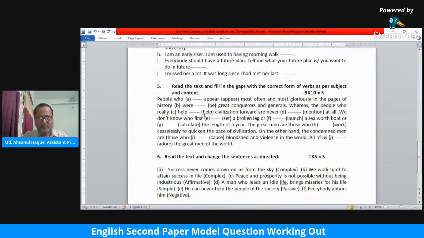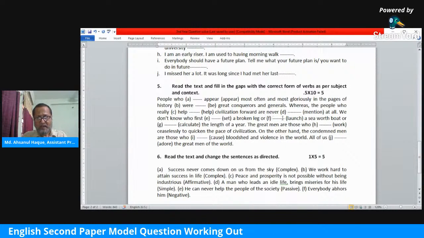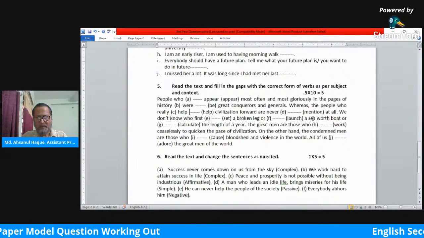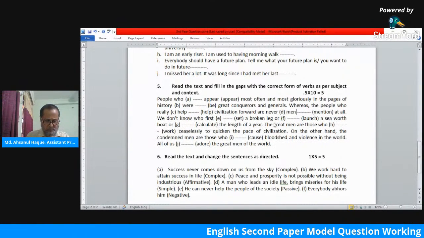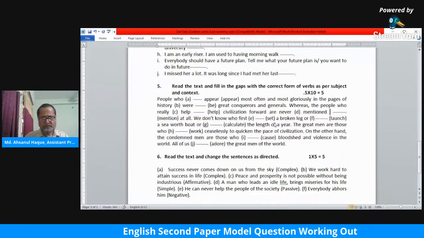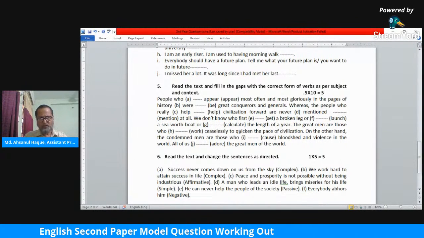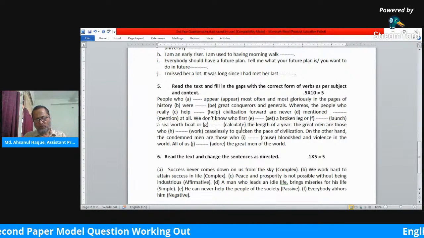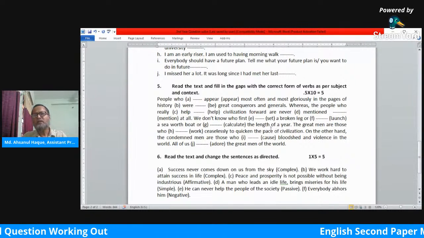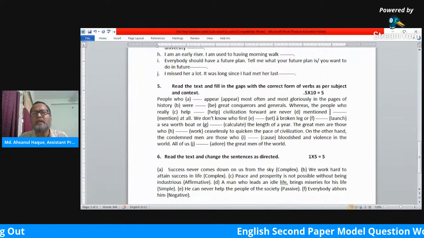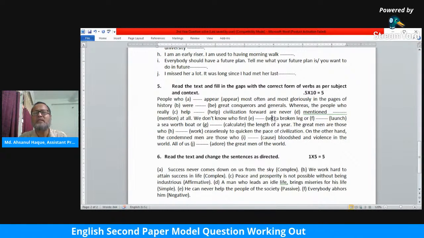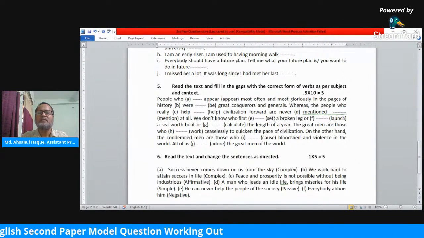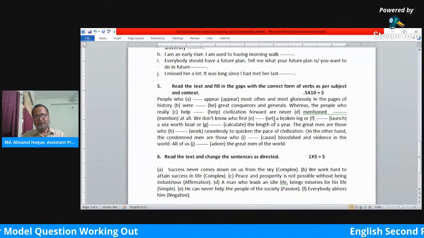People who really help civilization forward are never mentioned, past participle, are never mentioned at all. We don't know who first set a broken leg. Set: present tense set, past tense set, past participle set. All the forms are set.